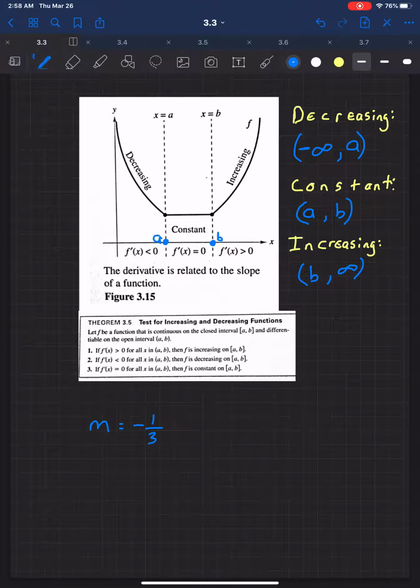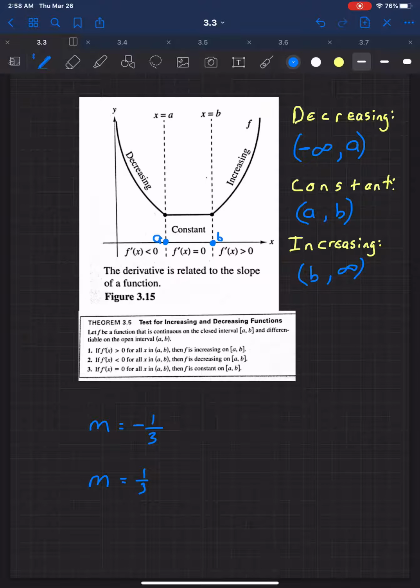Well, doesn't a negative slope, a negative rate of change, imply that you would be decreasing, right? Likewise, if I gave you a positive slope of 1/3, the positive nature of the slope would imply that you are increasing, that you are walking uphill.